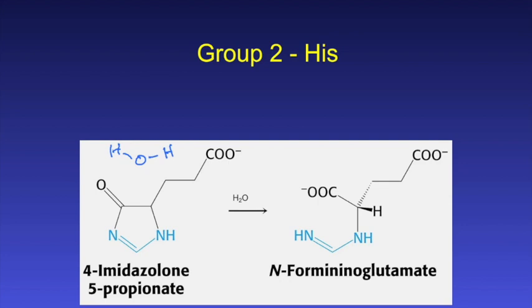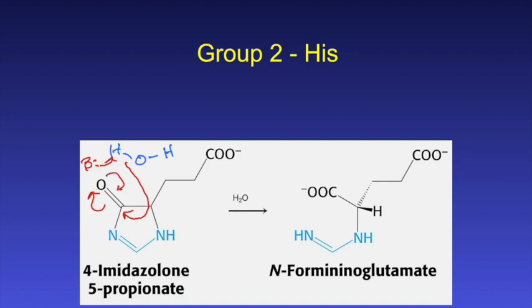Okay, that's right. A base is going to take a proton off the water. Now I have a pair of electrons. Someone else, what do I do with that pair of electrons on the hydroxide? Attack the carbonyl. Okay, I will attack the carbonyl. All right, what happens when I attack a carbonyl? What must happen? Kick up, kick down.